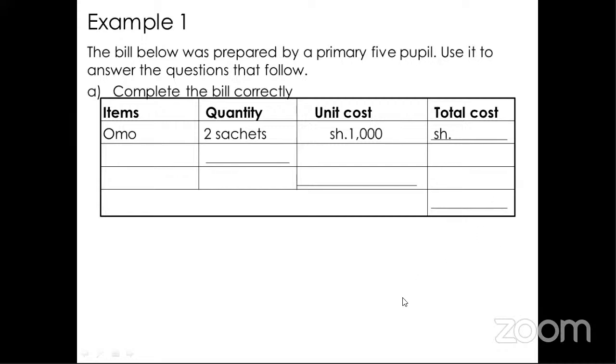Who can remember? What do we do to get the total cost? Remember, Rooney, what are we going to do to get that total cost? Rooney, please. Rooney, what are we going to do to get the total cost? Okay.